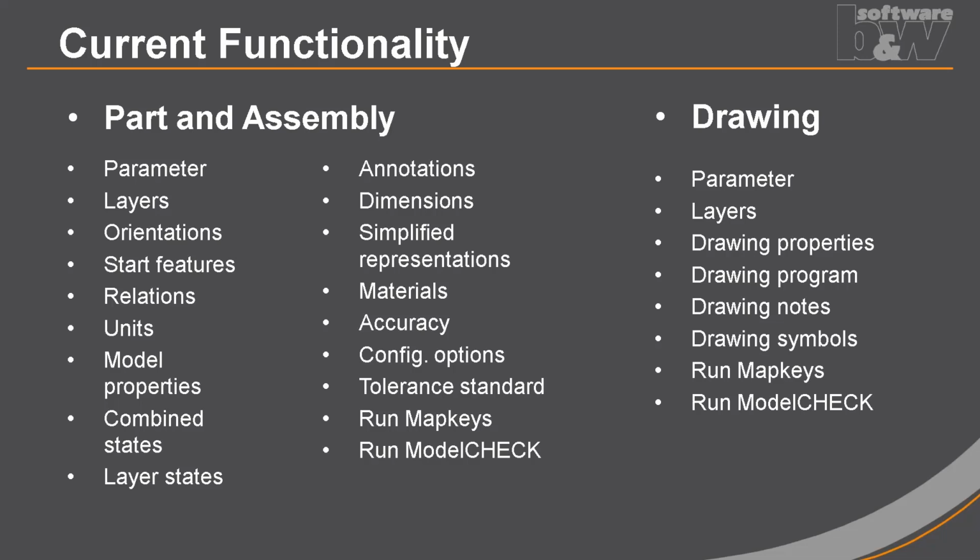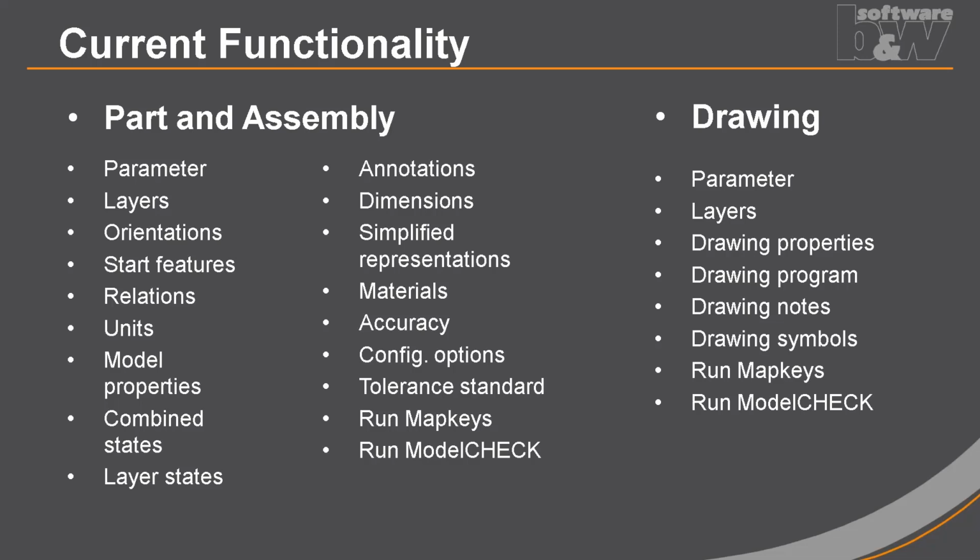You have different situations you want to take care of, but in the end, for every kind of part, and in assembly and drawing, you have these functionalities which you can see here.